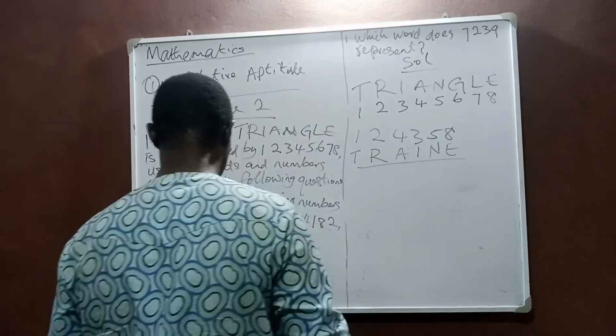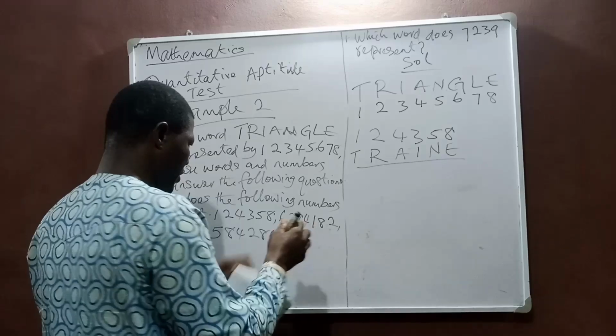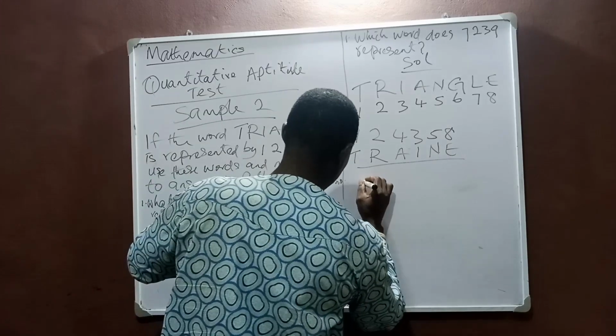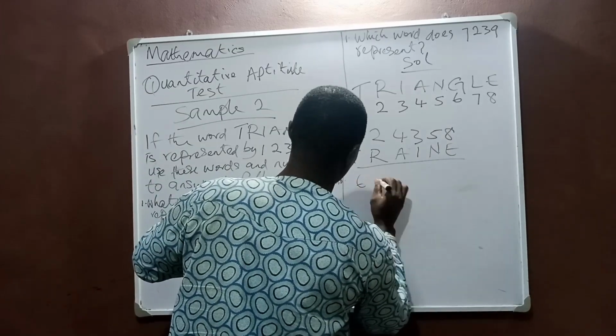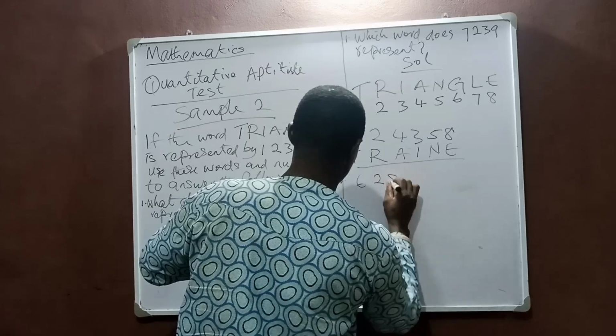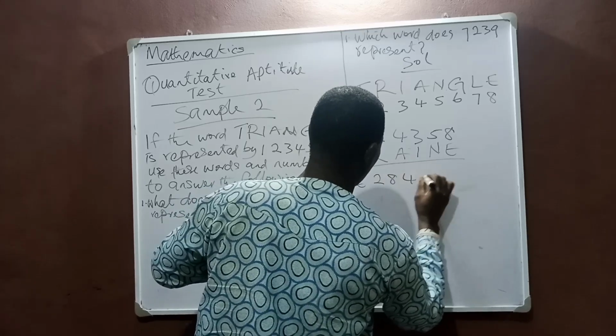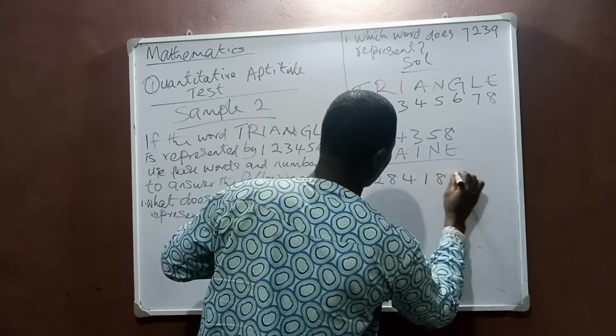Then the next one, they want us to find the word that this second set of numbers stands for, which is 6, 2, 8, 4, 1, 8, 2.